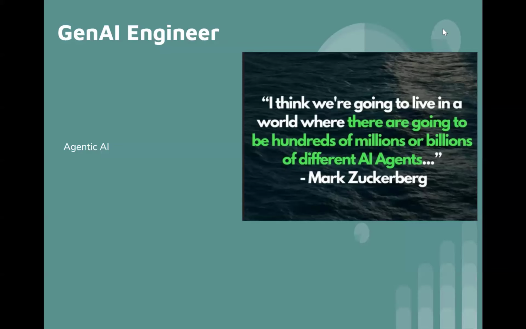And so the future, it's said, will all be agents, right? Mostly there will be two kinds of engineers: a human engineer and an AI engineer.